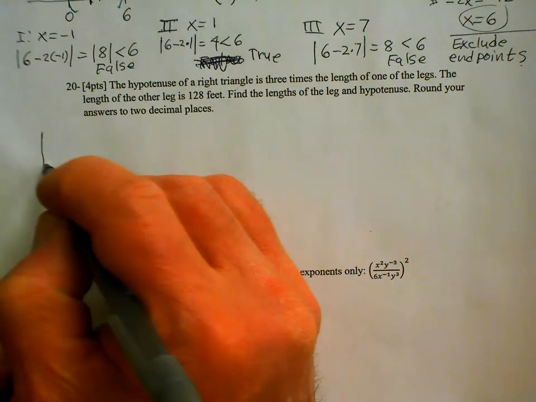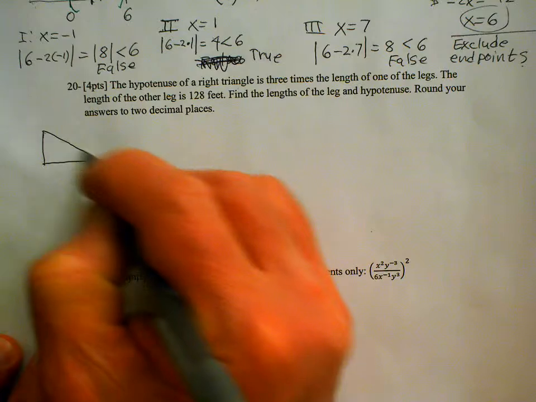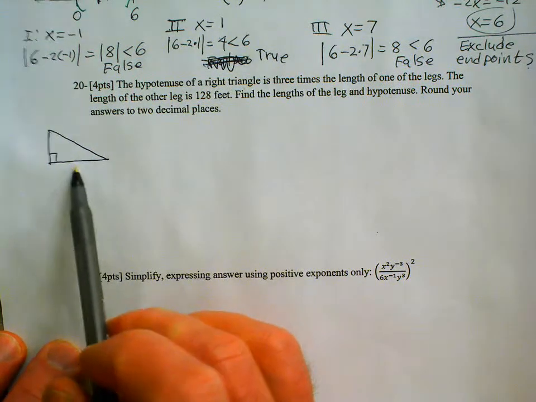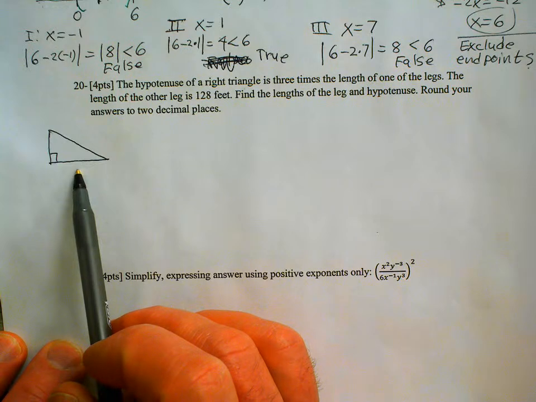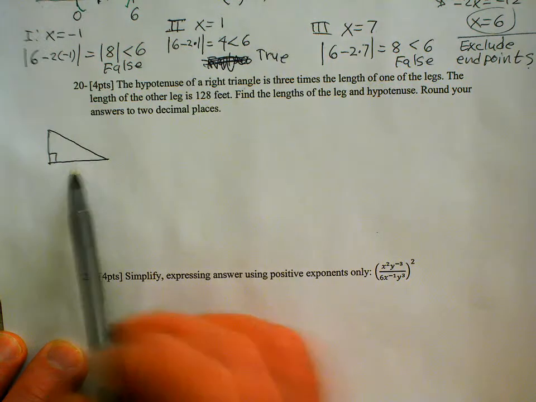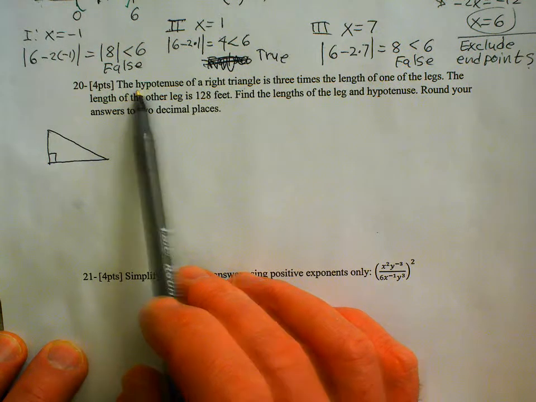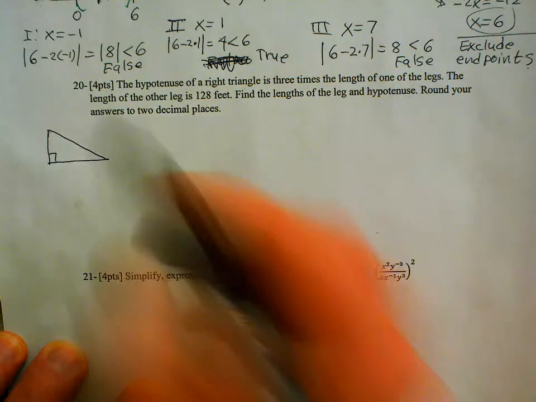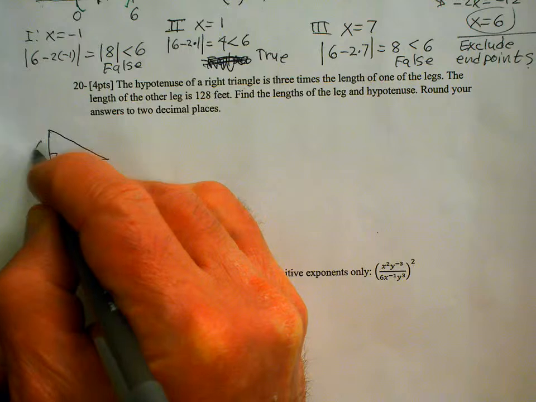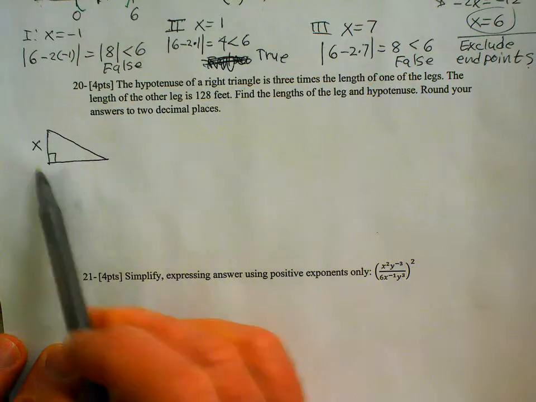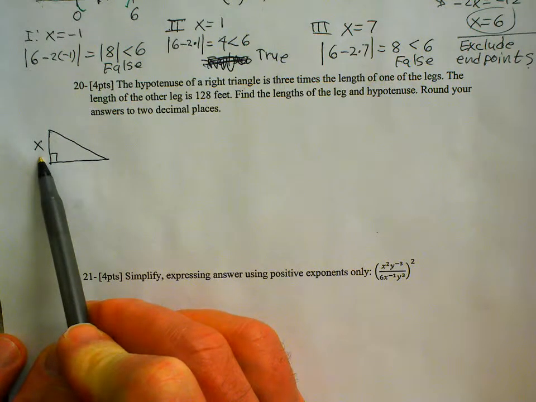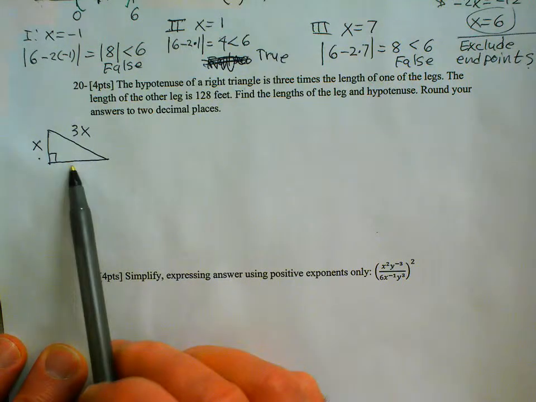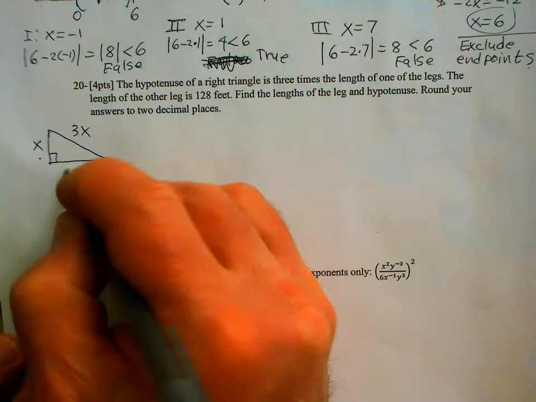Let's draw a right triangle as an aid. I'll pick x to be the length of that leg, and then the hypotenuse is 3 times x. And the other leg is 128 feet.